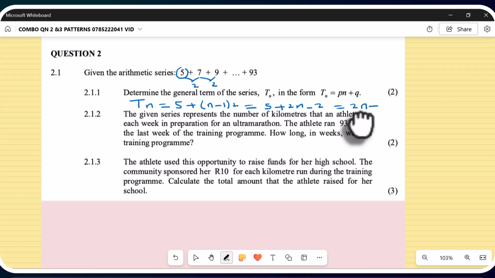Now in the first week she ran only 5 kilometers, so 5 here, then plus 93 in week 45. So if you check here with the calculator, what do you get? Here I'm getting 2205.